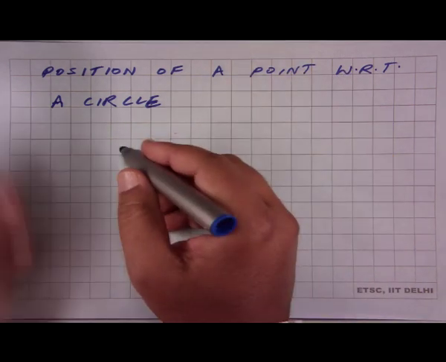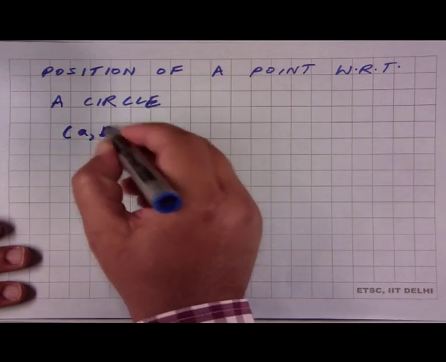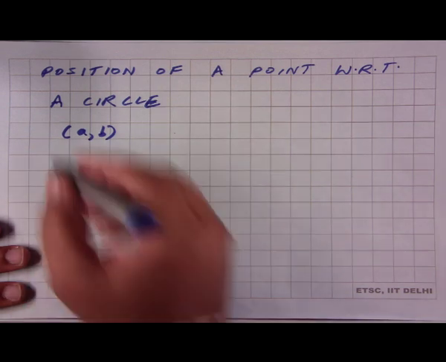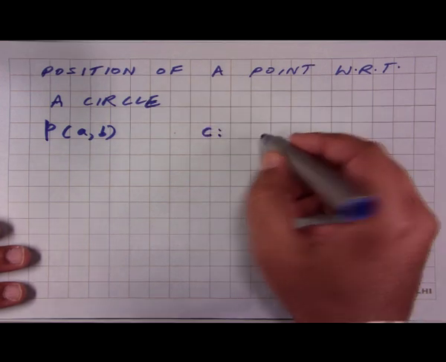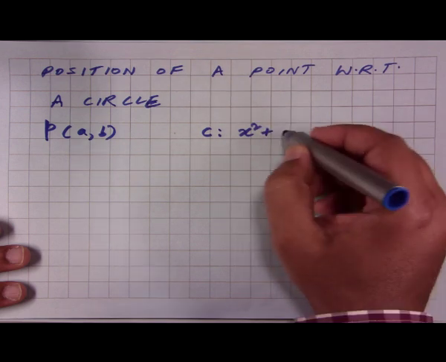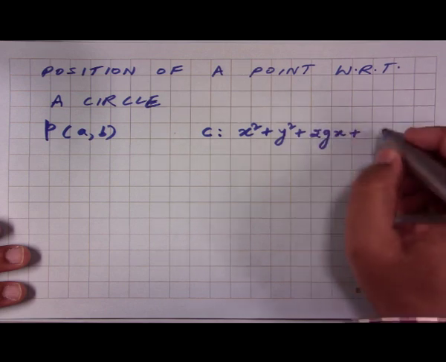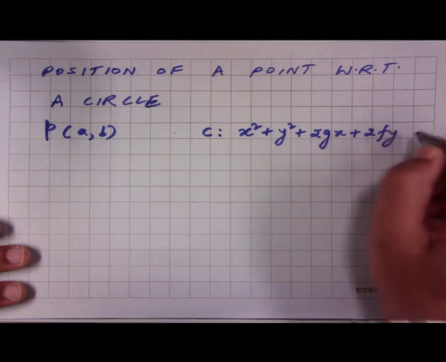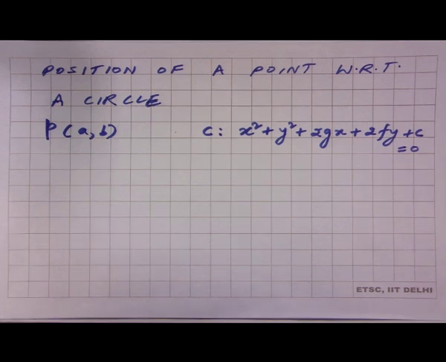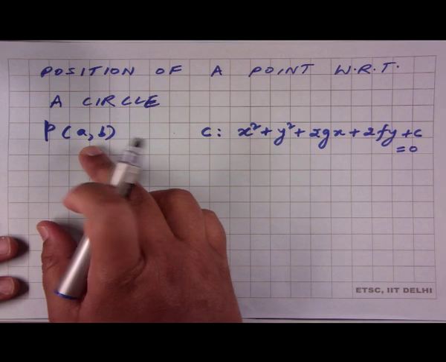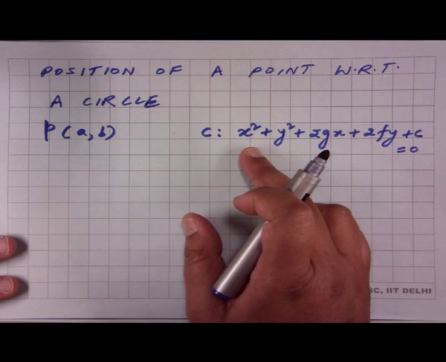Suppose we are given a point P with coordinates a and b, and we have a circle whose equation in the general form is x square plus y square plus 2gx plus 2fy plus c equals 0. Now, how can we tell whether this point P lies inside the circle or outside the circle?